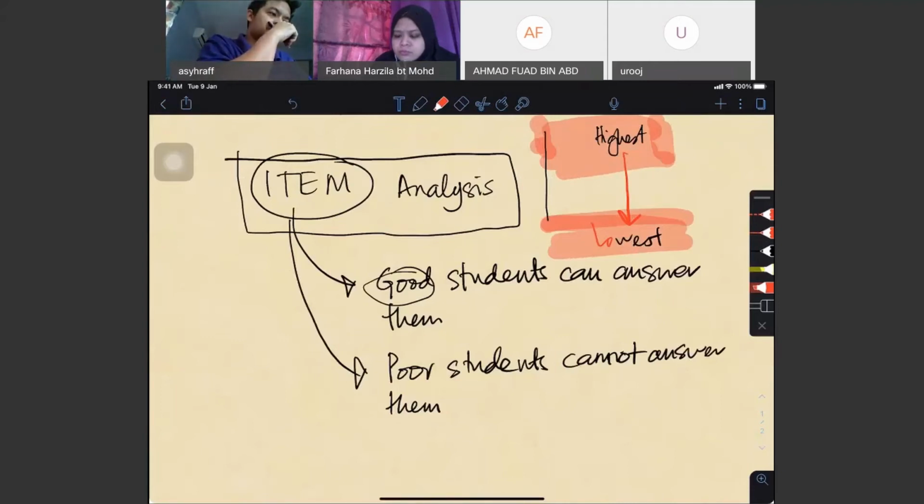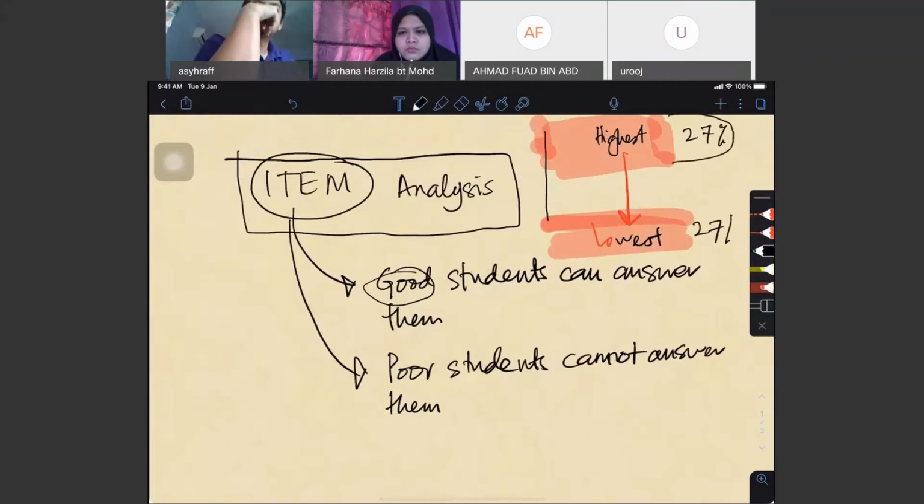For some reason, they take the upper 27% and bottom 27%. That's the definition. This group is the good group, and this group is the poor group. It's a fixed number, 27. I will tell you later how to use this 27.